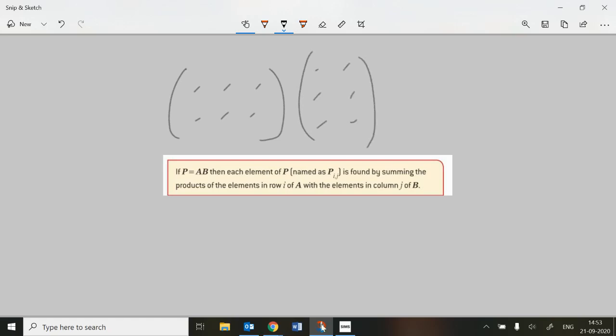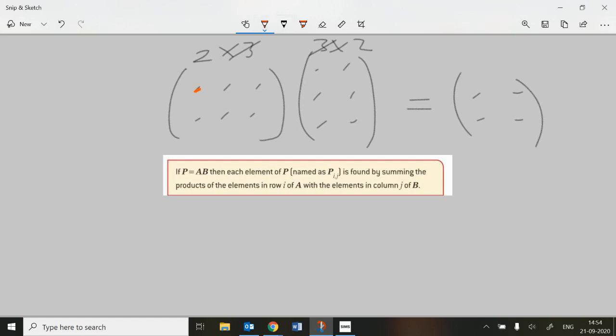Sorry, I'm making a mistake there. This would be 2 by 3, and this one would be 3 by 2. Then you're going to end up with a 2 by 2 matrix, because the 3's are essentially going to disappear. The 3's have to be the same.